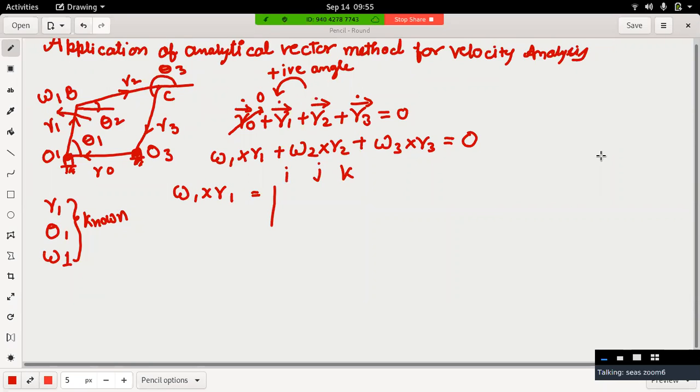So omega is angular velocity and it's a vector. Okay.